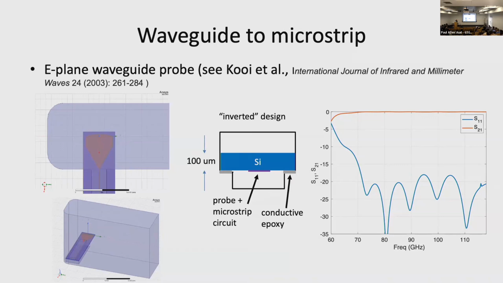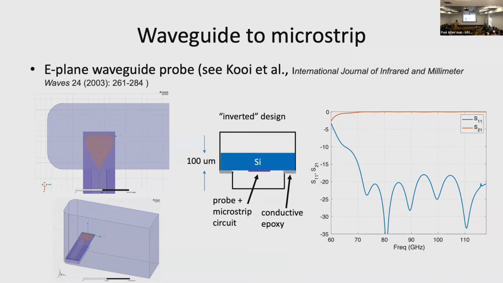Here we're at S11 of about minus 20 dB. You have to do pretty well for this to work for a paramp because TWPAs basically don't like reflections. They end up turning into oscillators if reflections are too great.